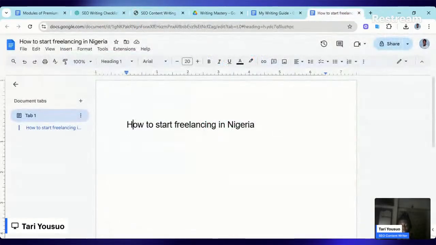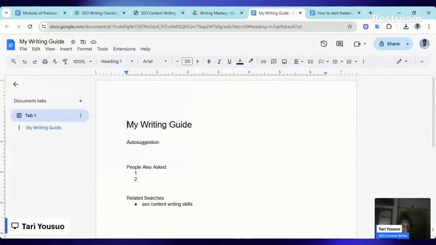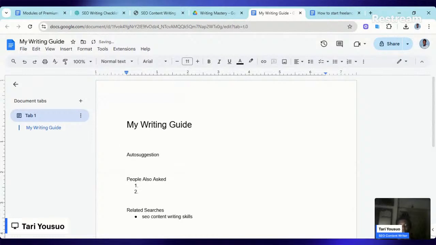Identify the problem. Now, there are many ways this could go. I would have a problem statement. So this is where I capture who I'm talking to and what exactly the problem is.